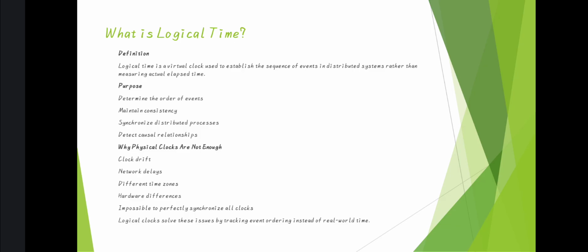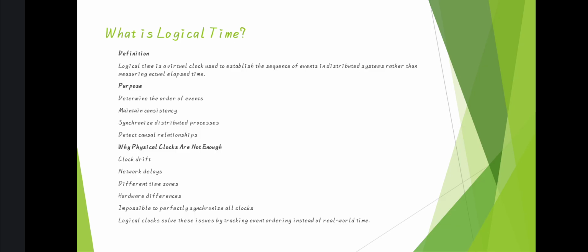Different time zones: if clock A shows 10 a.m., clock B may show 10:20 a.m., so there is a difference of 20 minutes. These are problems of physical clocks.